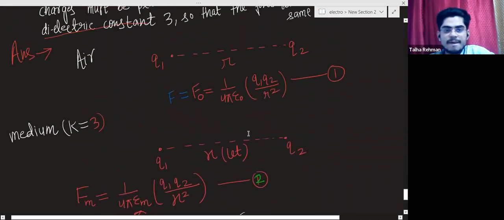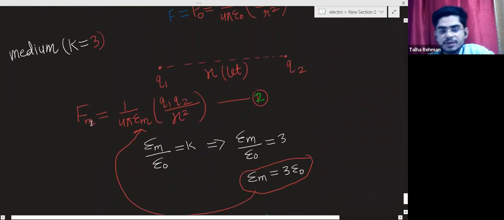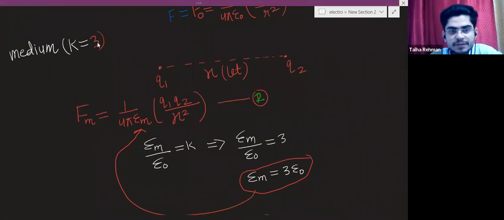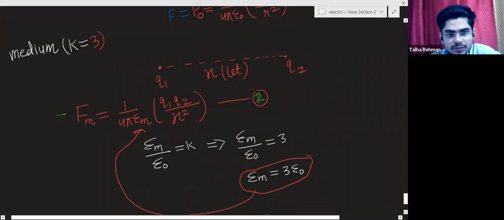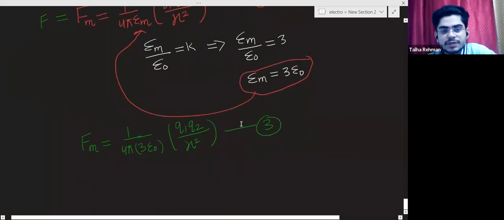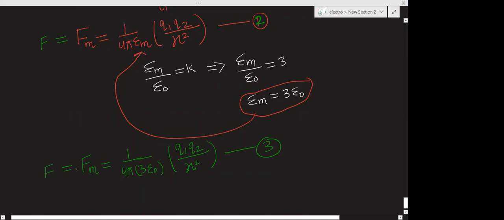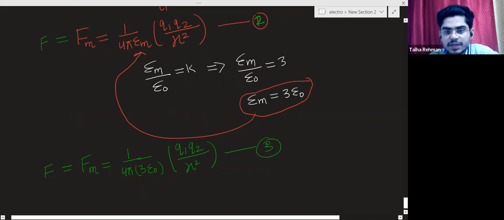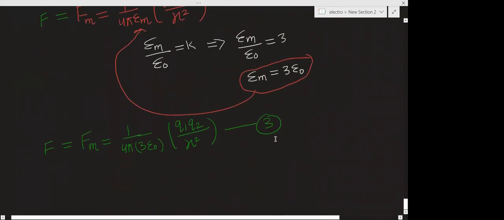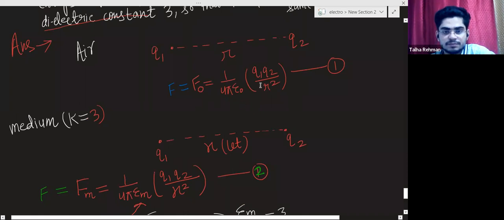So here I have calculated this F, and here I have calculated this Fm. So this force in a medium will also be F now. What we will do is equate the equations. This Fm will be equal to F, force in medium will be same, meaning I will equate equation number 3 and equation number 1.